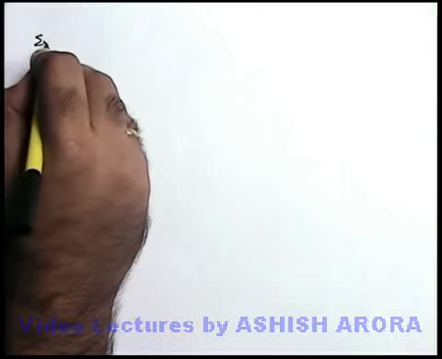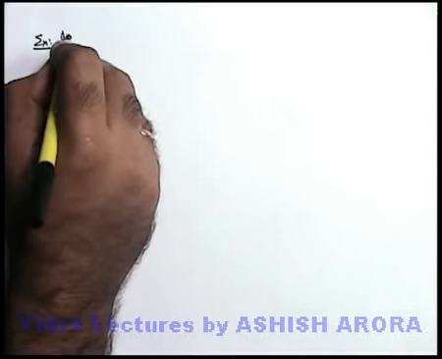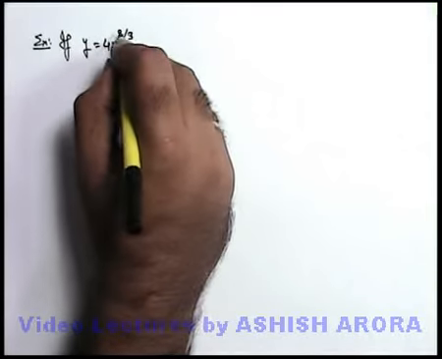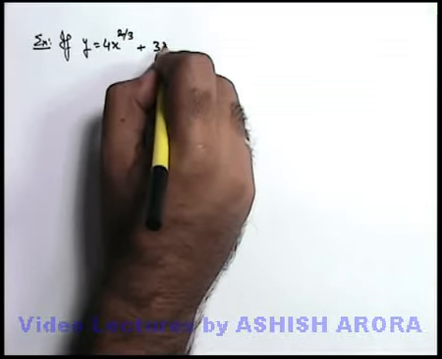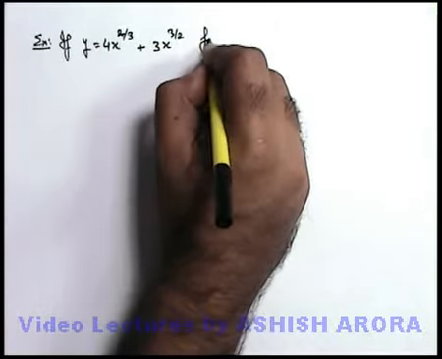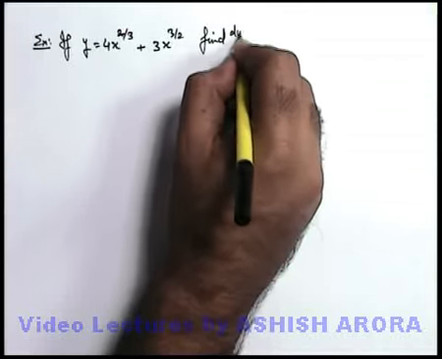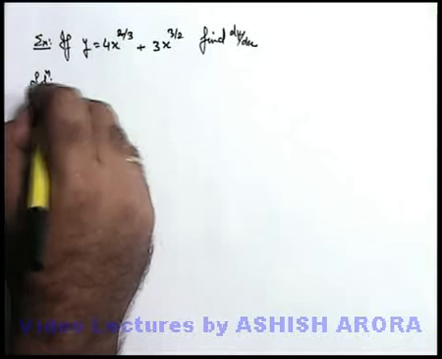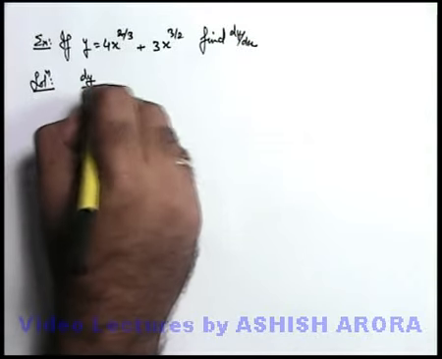Say for example, we are given y is equals to 4x to power 2 by 3 plus 3x to power 3 by 2. And again we are required to find dy by dx. Here also we need to use the direct formula of x to power n.